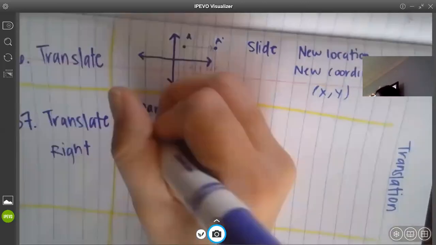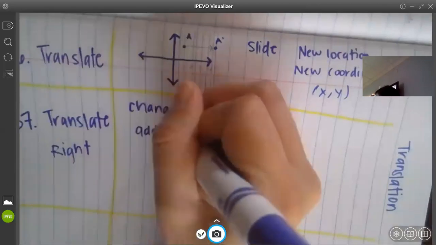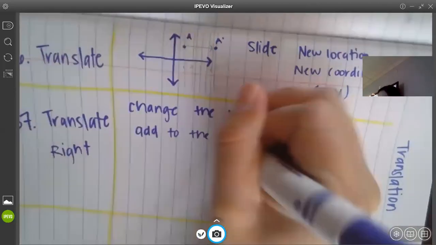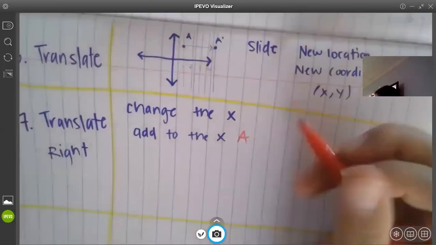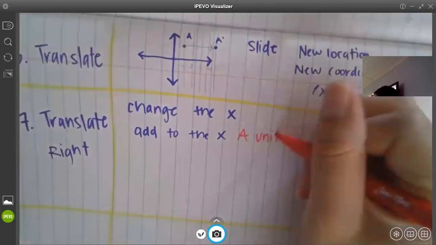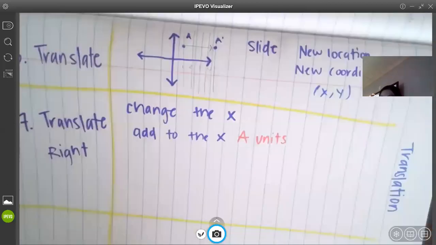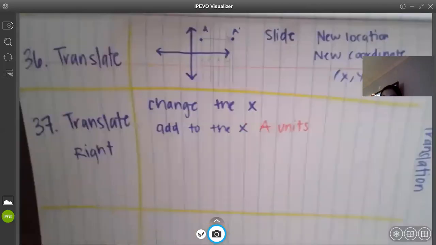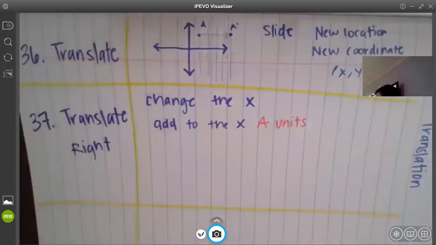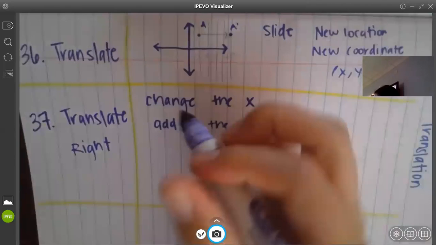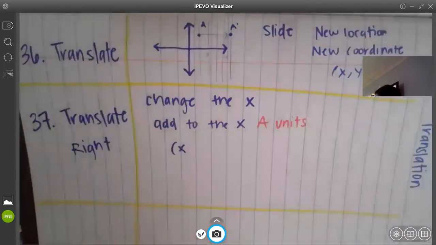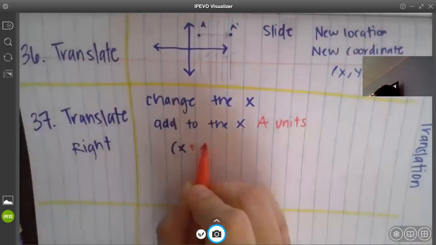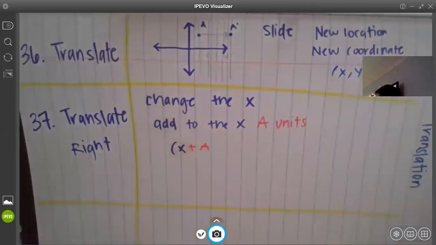So we're going to add to the X. Whatever it tells you in the problem, you add plus however many units, A units. So it's going to be X plus A, comma Y.